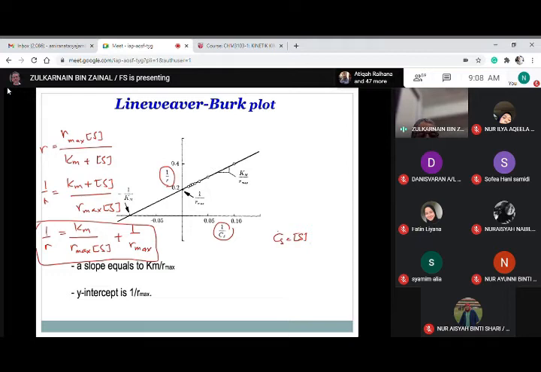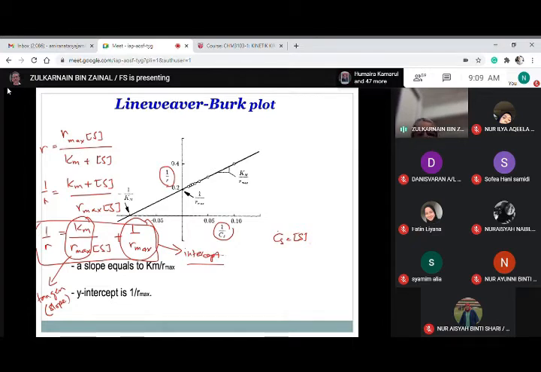1 over R versus 1 over S here, right? So this is your tangent, or the slope of the graph. And this is your intercept of the graph.